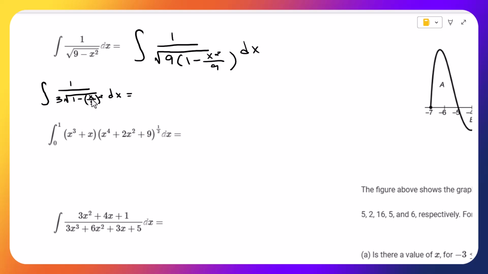So the question is, how do we work with this? Well, let's just u-sub this. u equals x over 3, and du equals 1/3 dx.